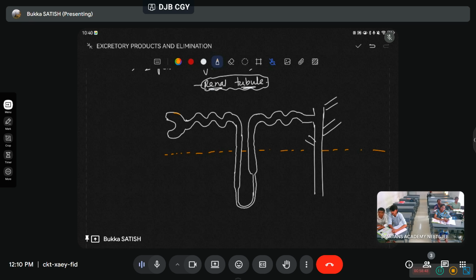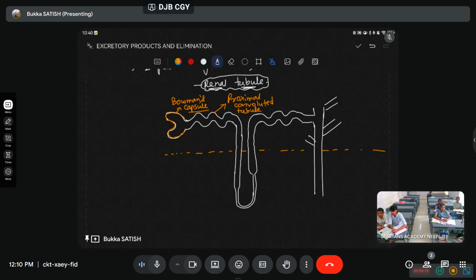Now, the first part of the nephron is one capsule-like structure. This is what we call Bowman's capsule. It's a capsule-like structure, which will open into a part called the proximal convoluted tubule.